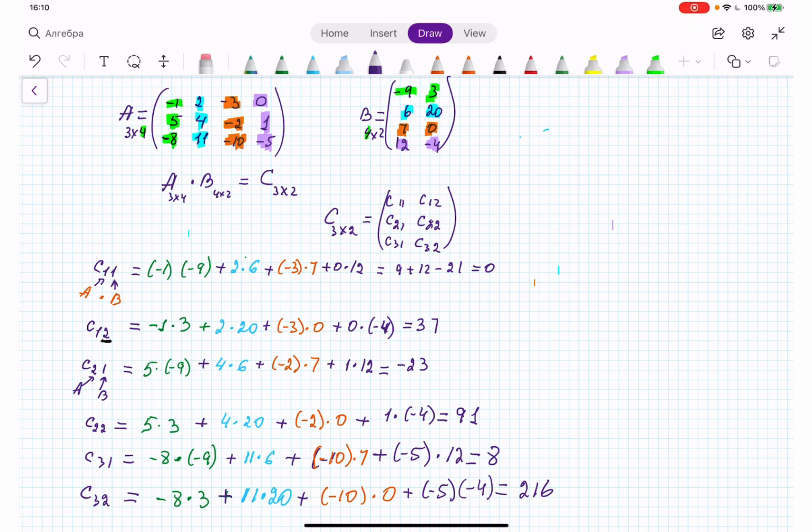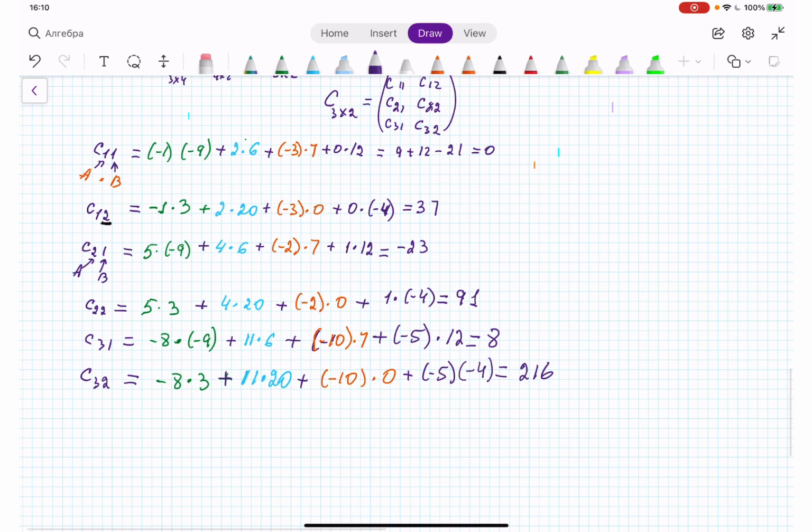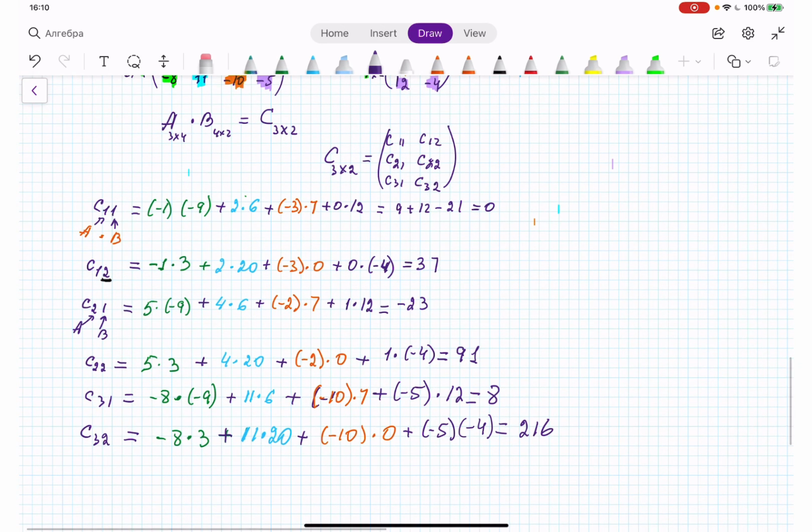I prepared this so as not to waste time on all these simple calculations. So what is going to be our result? Let's write down. C is going to be equal, with measurement 3 times 2, with the size 3 times 2. So let's fill out.